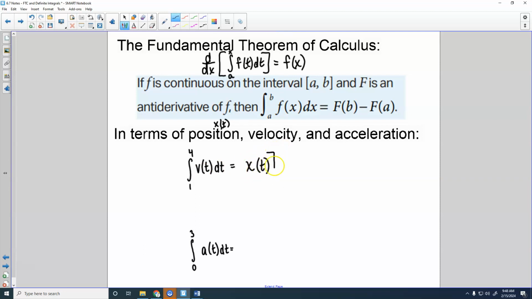And then I'm going to write it like this, because we're going to use this notation a little bit. So when I integrate velocity, I get position from 1 to 4, which will be x of 4 minus x of 1.